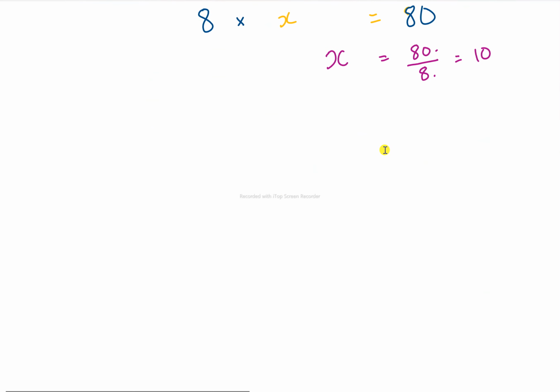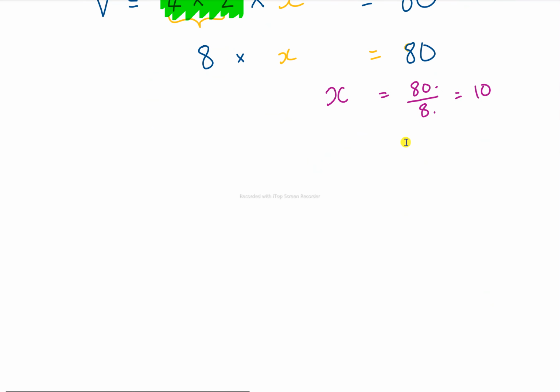Right, let's do one here. I've got a cuboid here. That is 5 meters, that is 2 meters, and that is x meters.